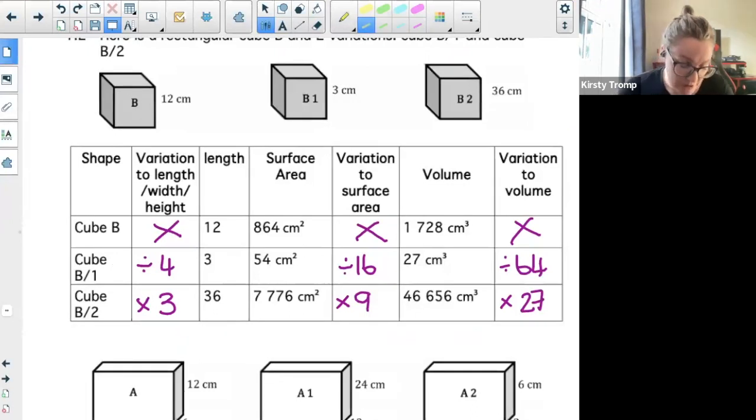Right. So, when I'm looking at cube B, I divided all the items by 4. Remember, for surface area, it's always squared.